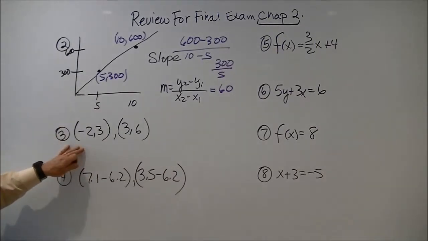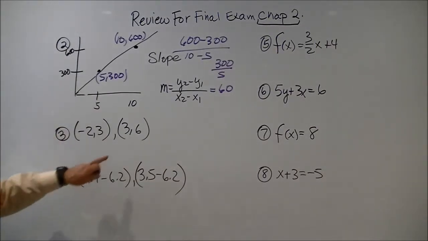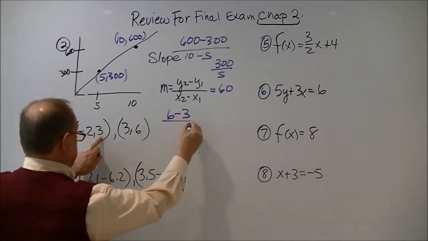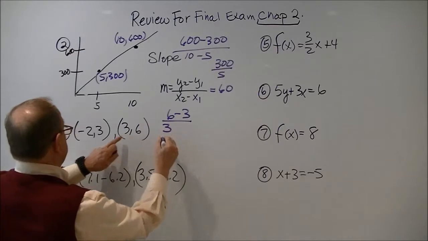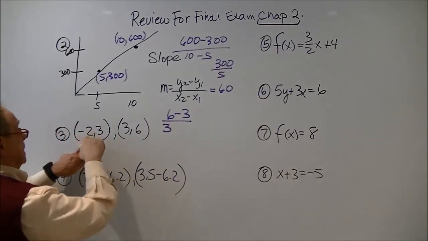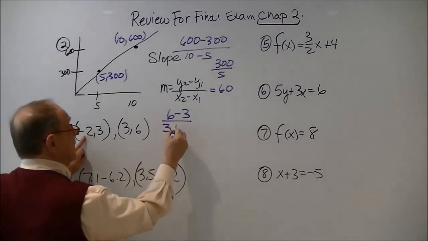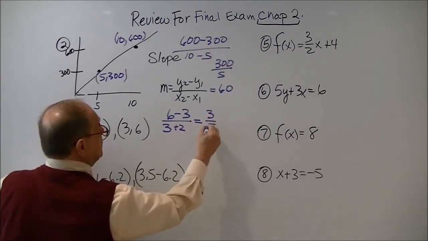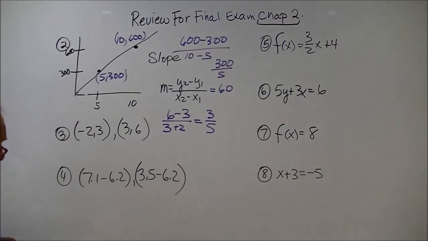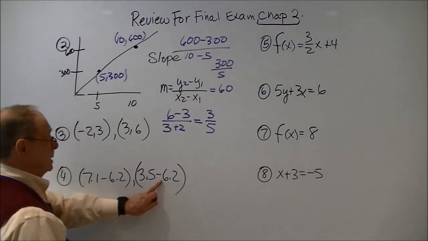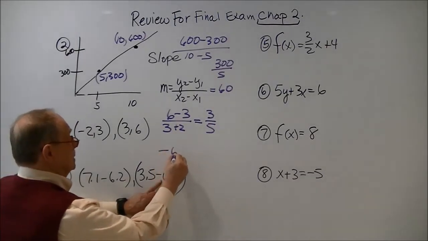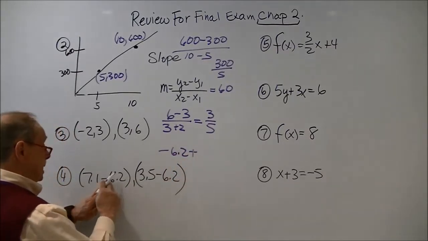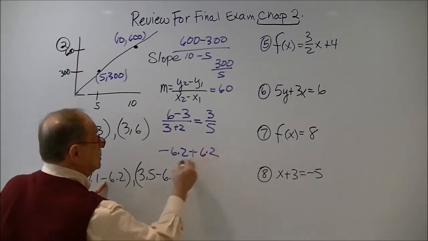And then here they're just giving us 2 points. So it'll be 6 minus 3 over 3 minus a minus 2, which makes it a plus 2. So then this gives me 3/5. This one is interesting because it's a negative 6.2 minus, a minus makes it a plus 6.2.